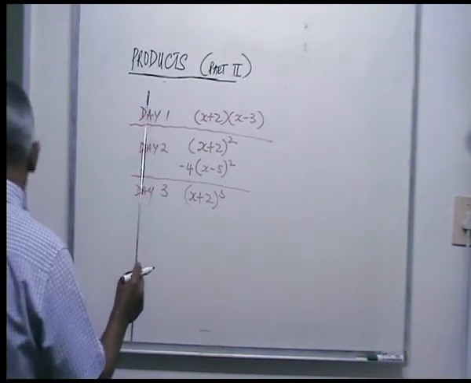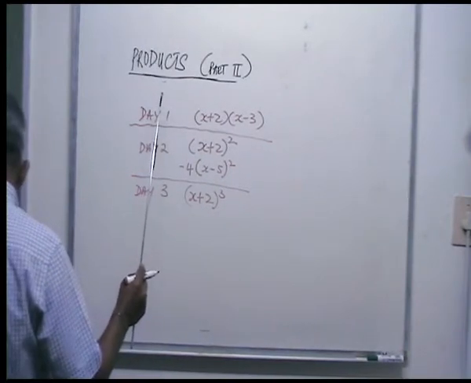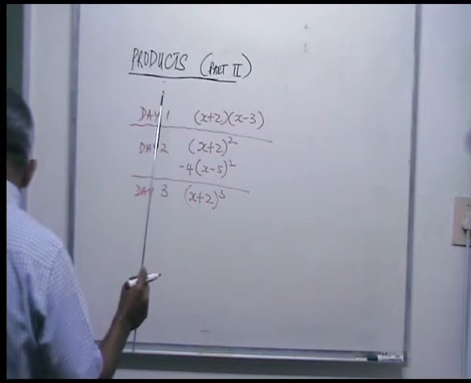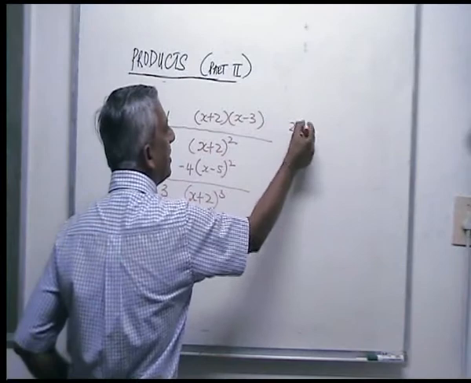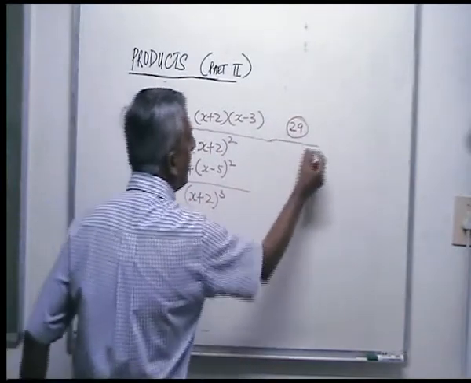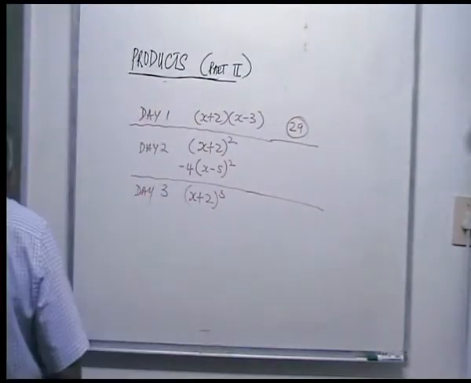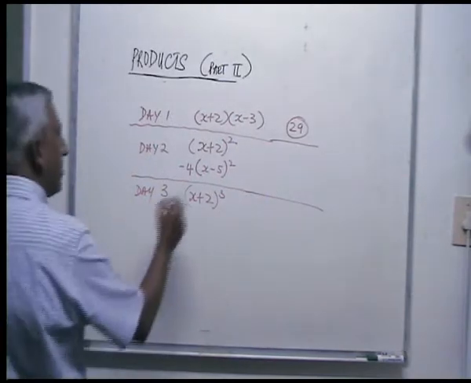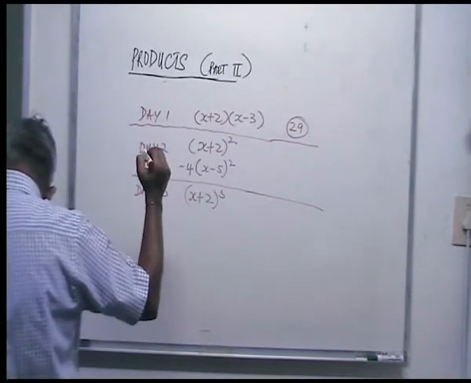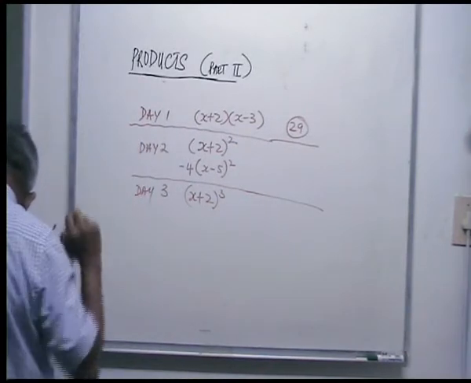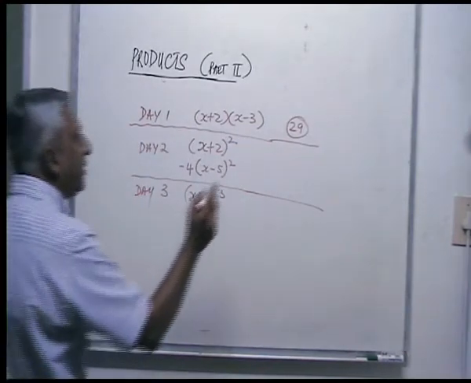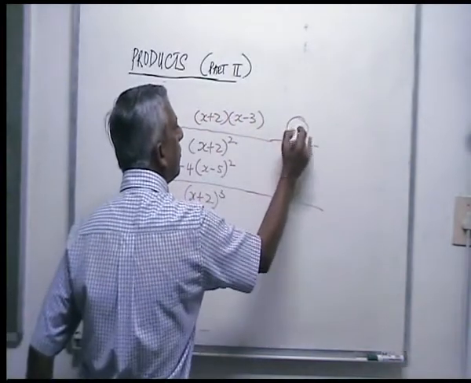In other words, you should be doing up till number 29 on day 1. On day 1 you can go right up till number 41.